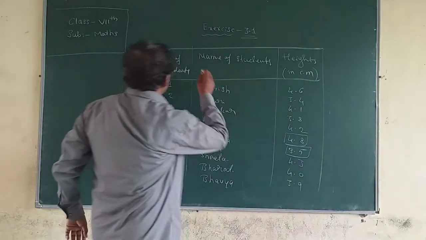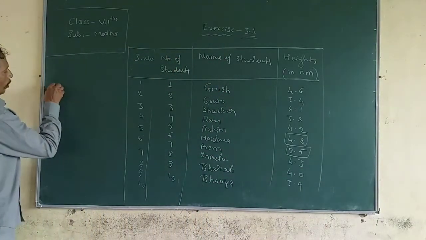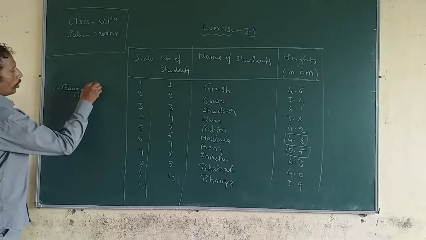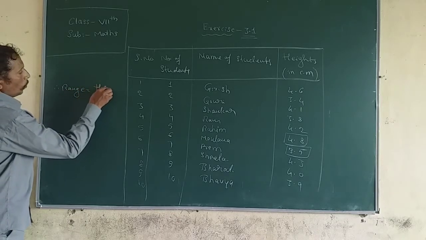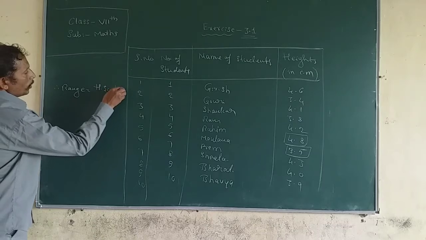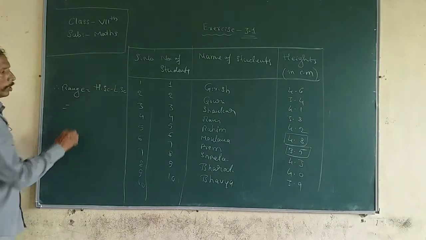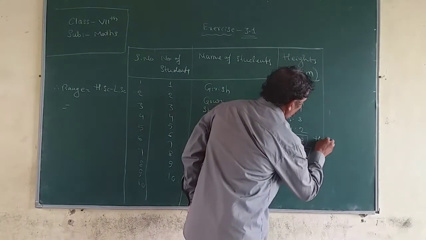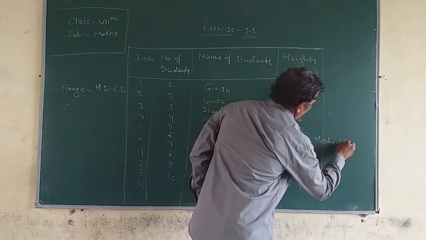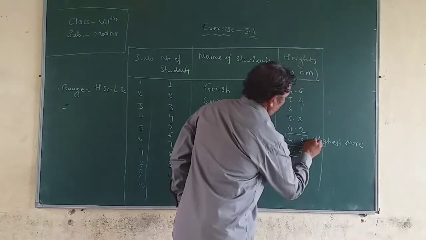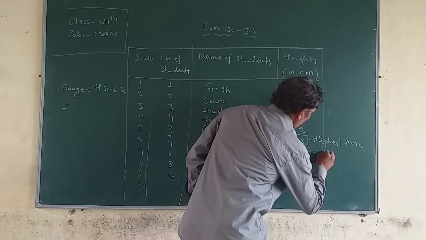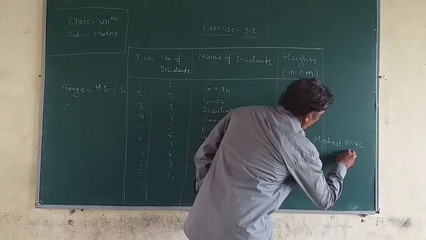Therefore, range is equal to highest score minus lowest score. The highest score is 4.8 and the lowest score is 3.5.